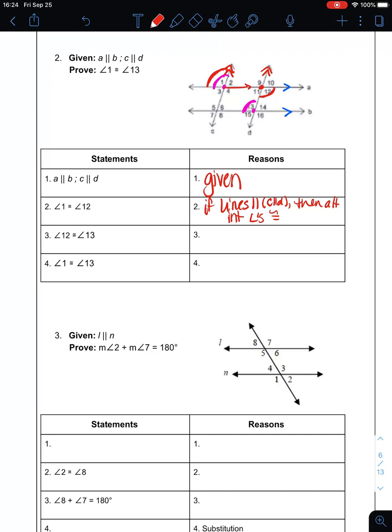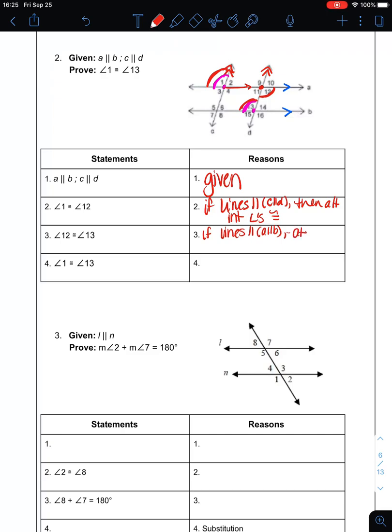Then I know from there, because I know these lines are parallel, remember, I got 2 is congruent to 13. So I'm looking for ways to connect from where I started to work my way around this shape. For the same reason, if lines are parallel, now in this case, I'm talking about A is parallel to B. You don't have to put that. I'm just putting it in your notes so that you can go back and look.